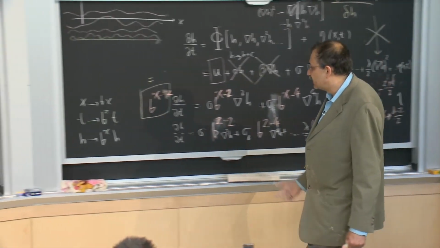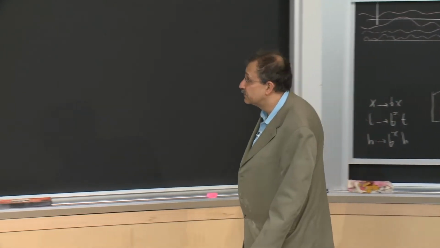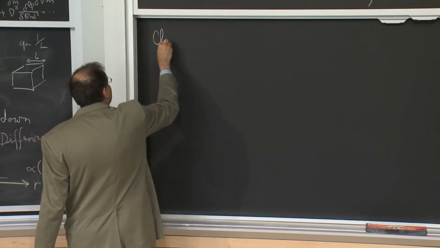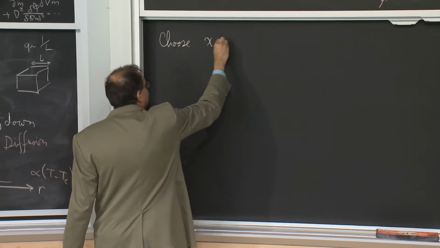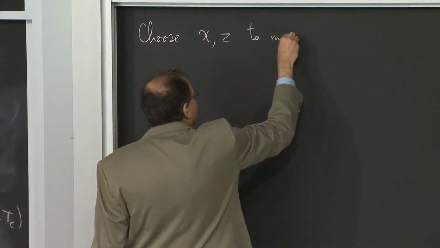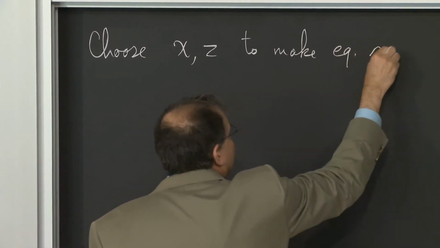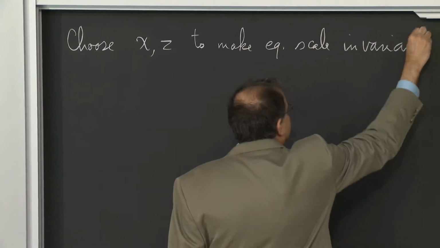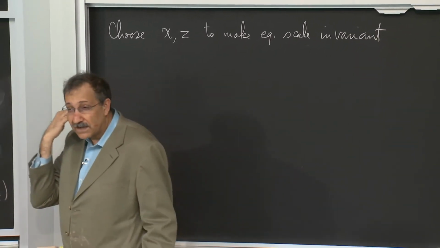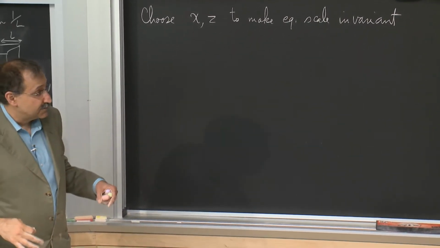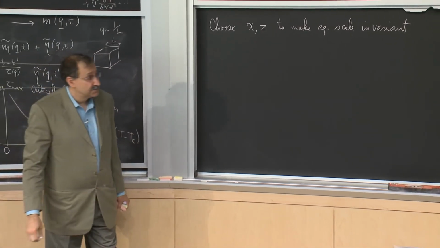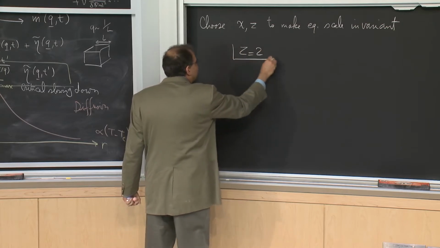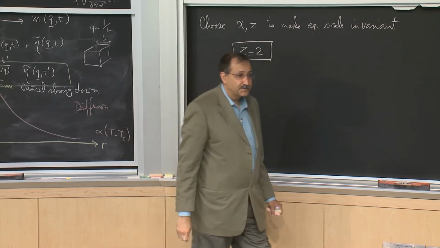So I can make this equation to be invariant. So I want to find out what happens to this system if I find some kind of an equation or some kind of a behavior that is scale invariant. You can see that immediately my choice for the first term has to be z equals to 2.